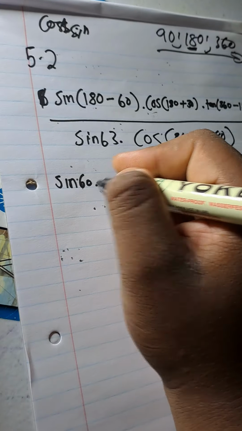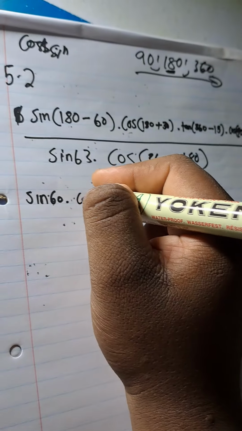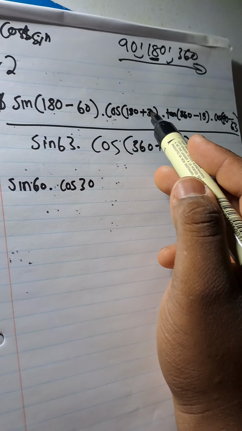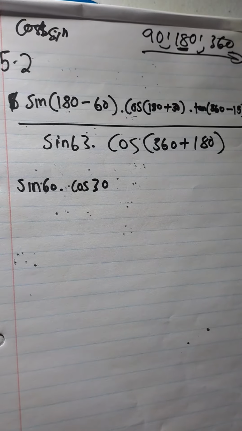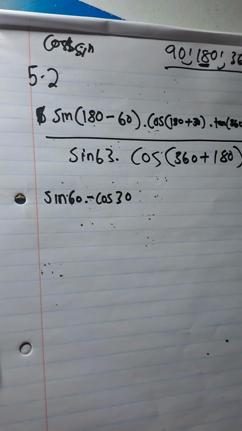Then I'm going to say times cos of 180 plus theta, so cos 30. But before I continue, 180 plus theta is positive in which quadrant? It's in the third quadrant, so I'm going to say negative cos 30, because in the third quadrant only tan is positive.